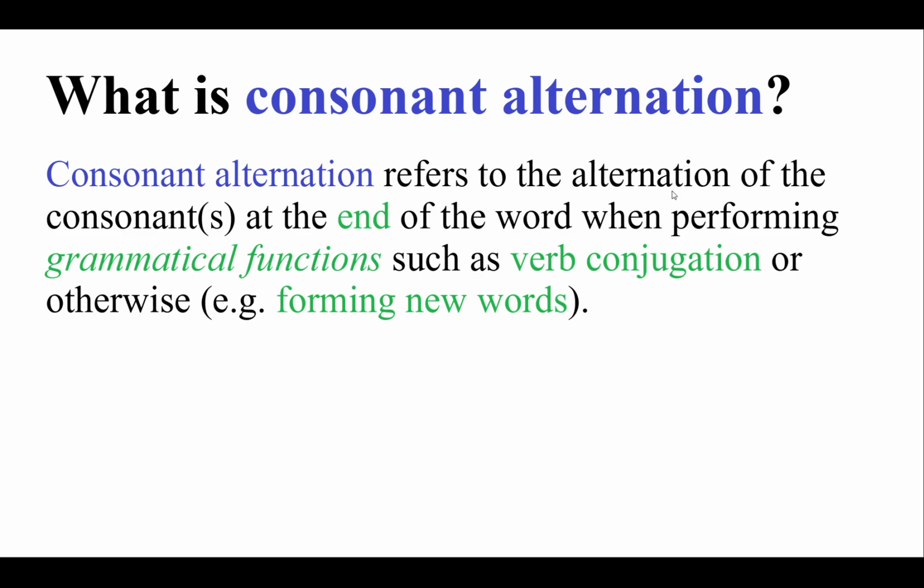So consonant alternation refers to the alternation of the consonants at the end of the word when forming grammatical functions such as verb conjugations, or otherwise, for example, forming new words.